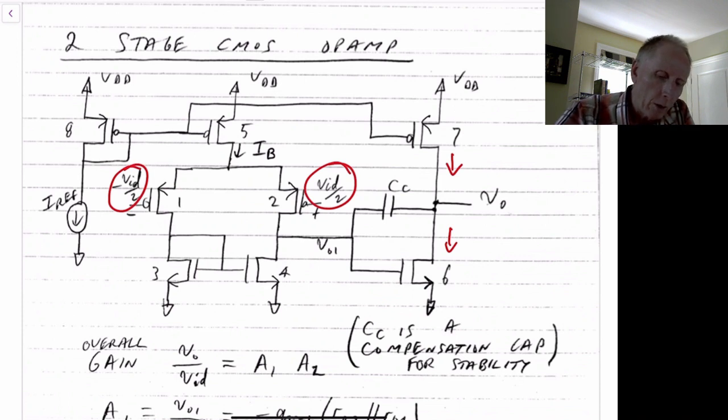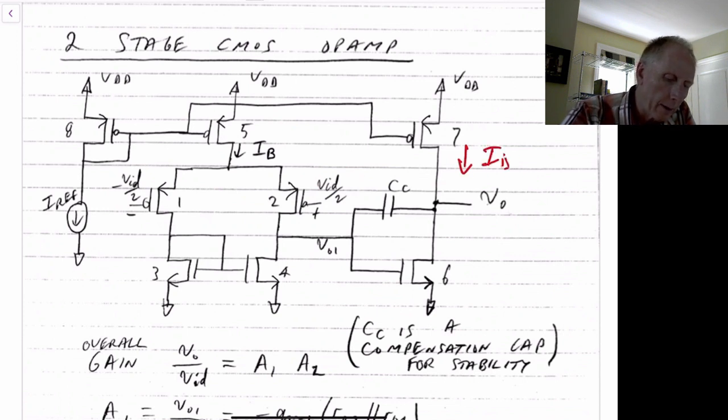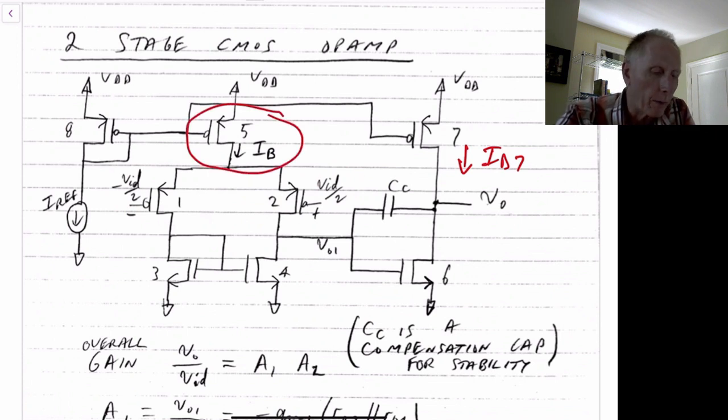So we know that this current ID7 will be related to the current through M5, or ID5. This is just a simple current mirror between M7 and M5.